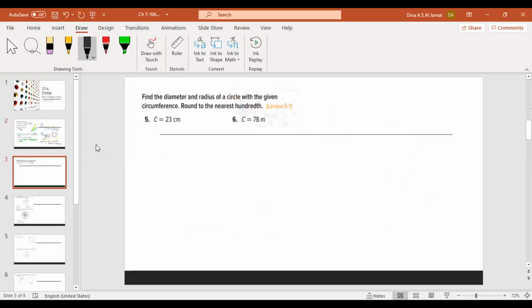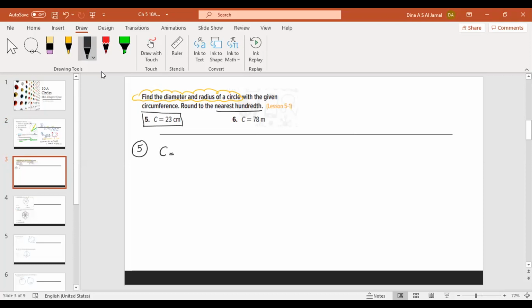It's also related to the first lesson. He would like you to find the diameter and the radius of the circle, and he already gave you the circumference. Round to the nearest hundredth. So let's solve question 5. When you have a circumference of 23 centimeters, let's now put the rule.